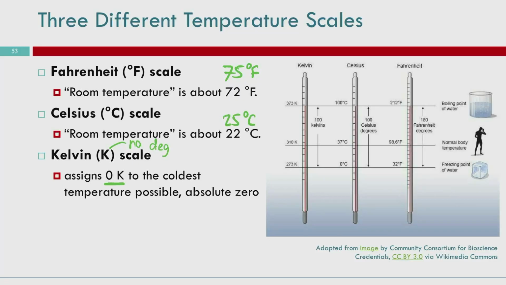Notice that there's no degree sign. So we don't have to use a degree sign for Kelvin, which is nice for typing it. It assigns 0 Kelvin to the coldest temperature possible, which would be absolute 0. So that would be no thermal energy.